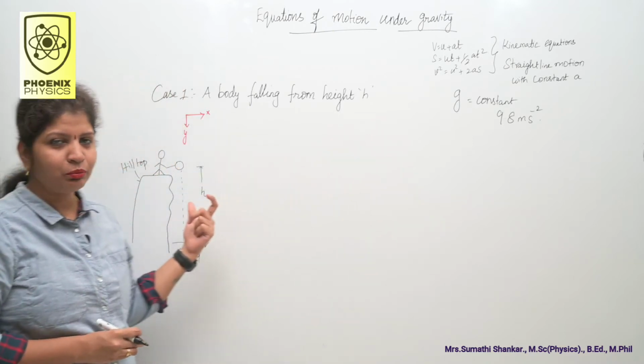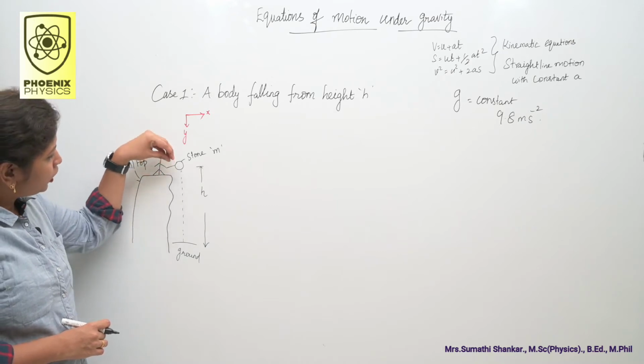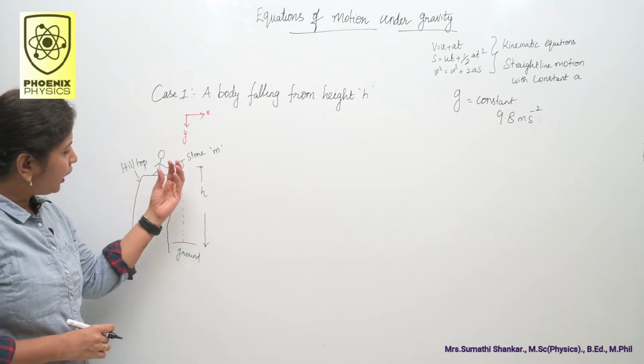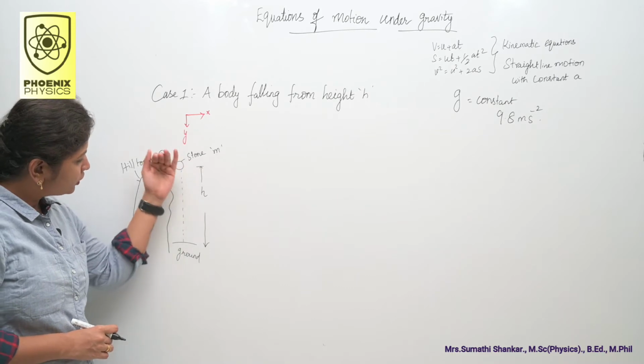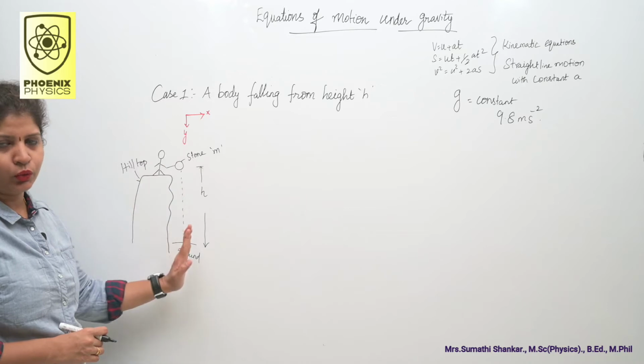Look at this diagram. One boy is standing on the hilltop. He drops one stone and the stone moves downwards towards the earth. This is the scenario.